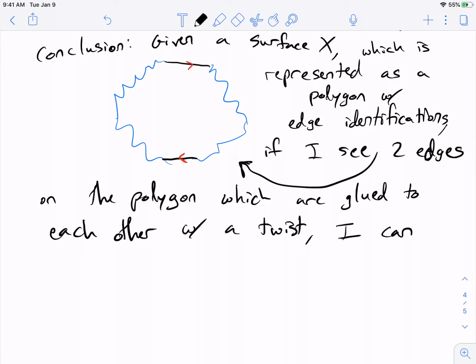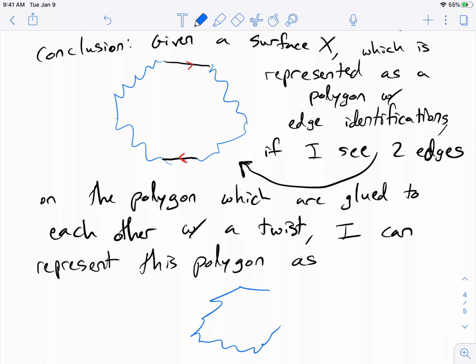I can, via some cutting and gluing, represent this polygon as something more familiar, which is a complicated part together with two adjacent edges glued together with a twist.